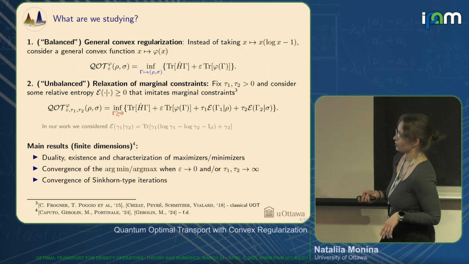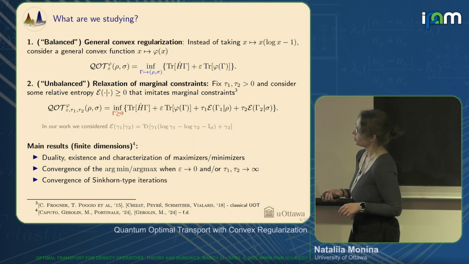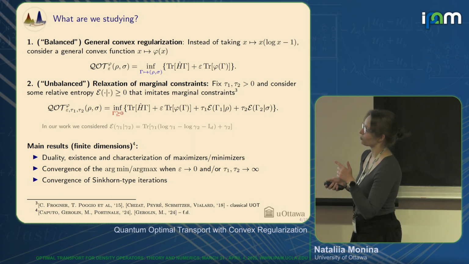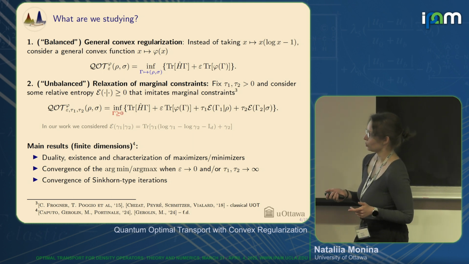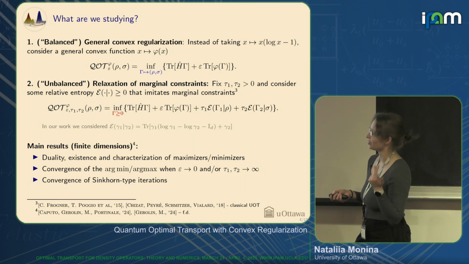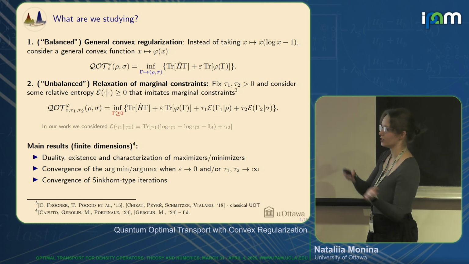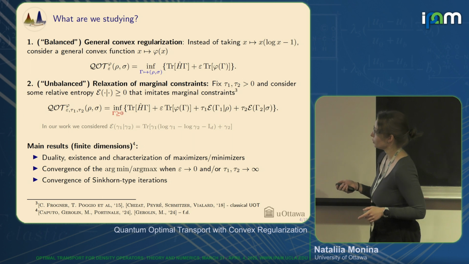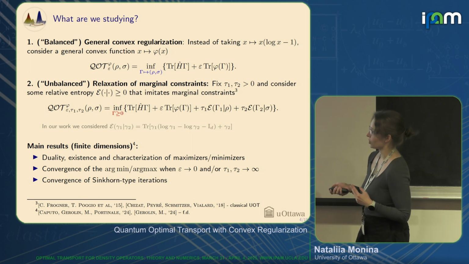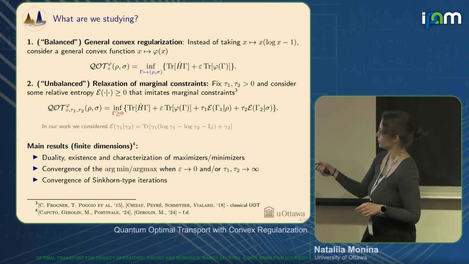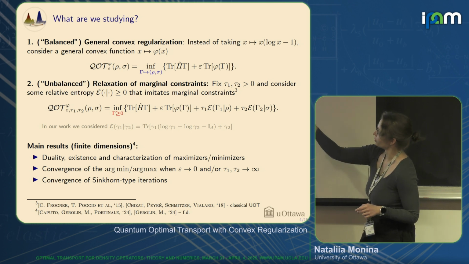The main results that we already obtained are the duality: we have duality formulas for both problems. We also have the characterization of the solutions, like what is the relation between the minimizer of the primal and the maximizer of the dual. We also have nice results regarding convergence, so that if you send, for example, tau1 and tau2 to infinity, you actually recover this problem.